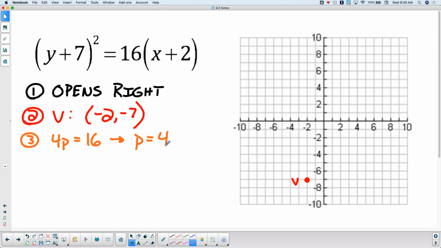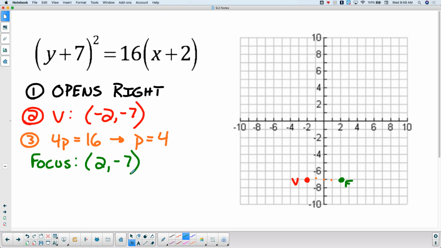So since it opens right, 4 to the right, 1, 2, 3, 4, is my focus. So the focus is at 2, comma, -7.